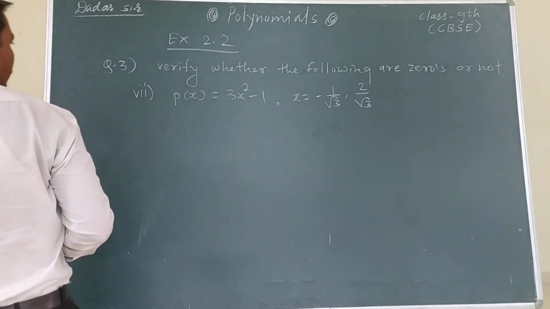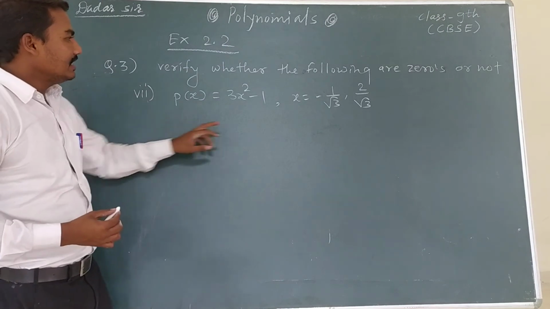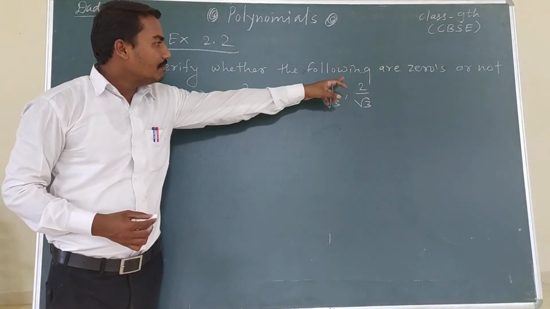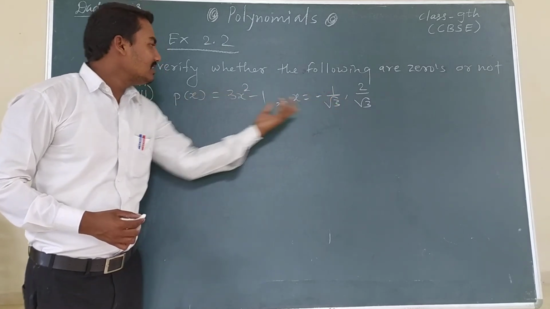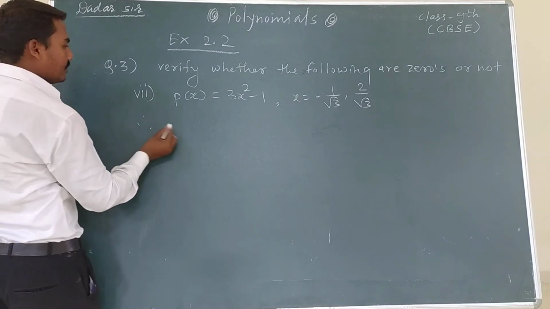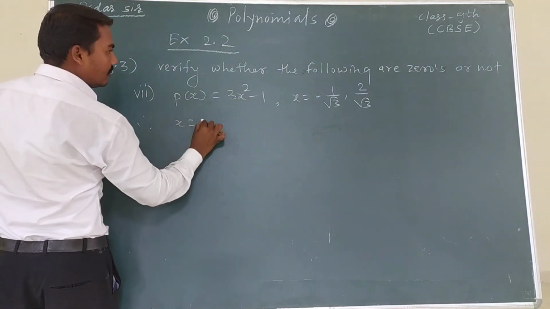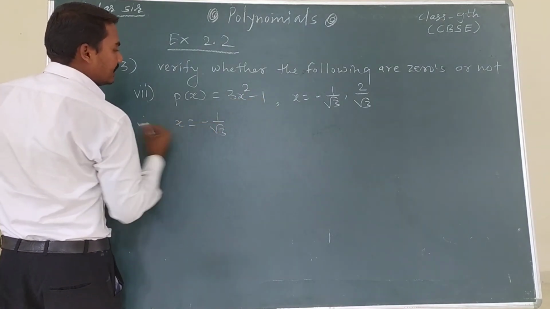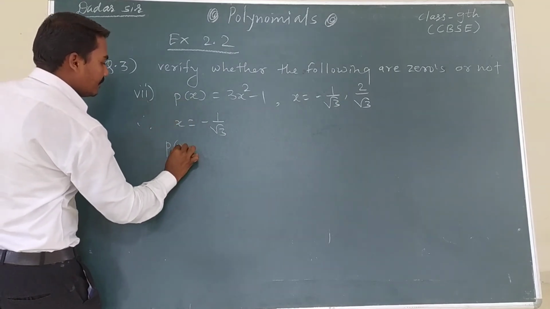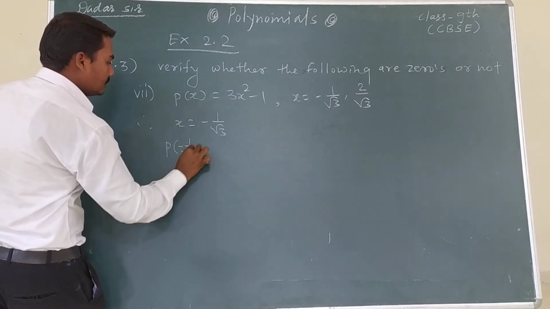Okay, I want to check whether minus 1 by root 3 and 2 by under root 3 are zeros of this polynomial or not. Now see, for x is equal to minus 1 by under root 3, this polynomial becomes p of minus 1 by under root 3.